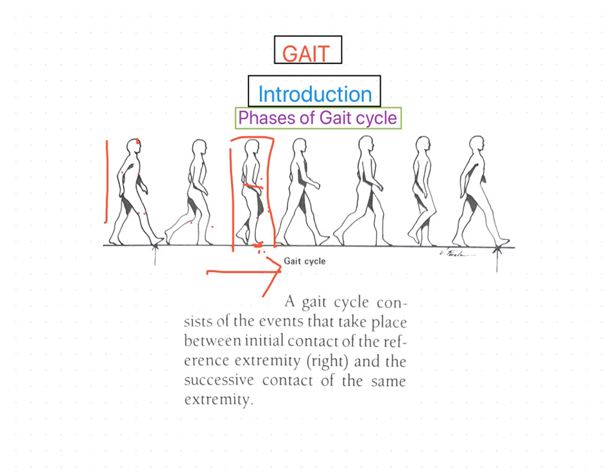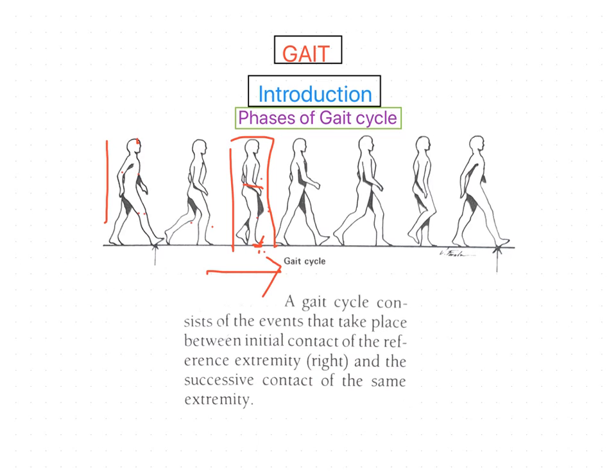This stage is called single limb support. During the gait cycle we can find a number of single limb supports, which we are going to discuss.